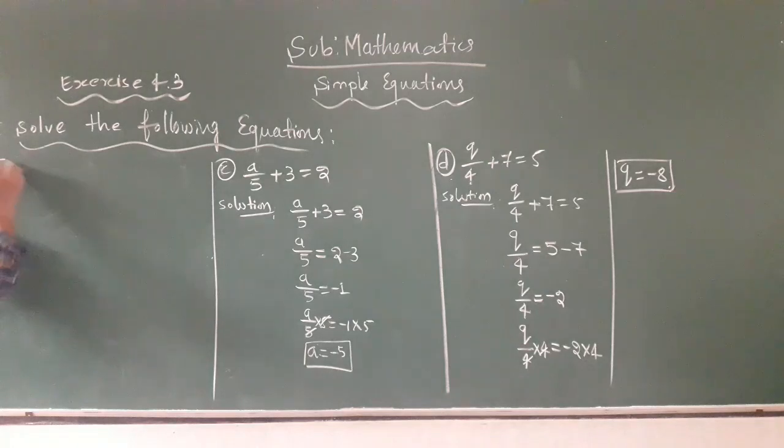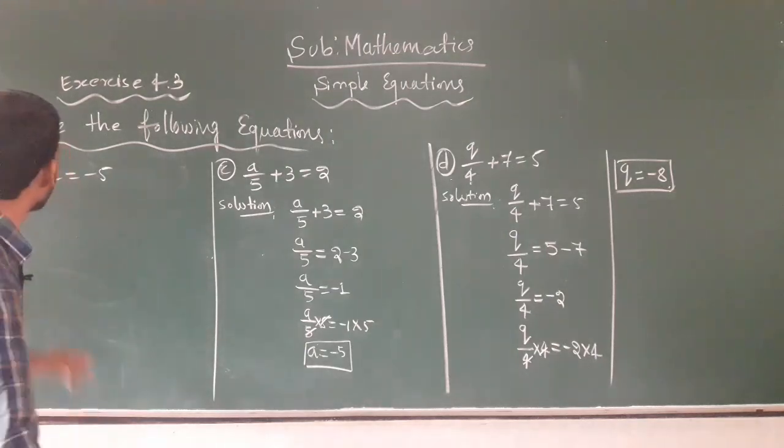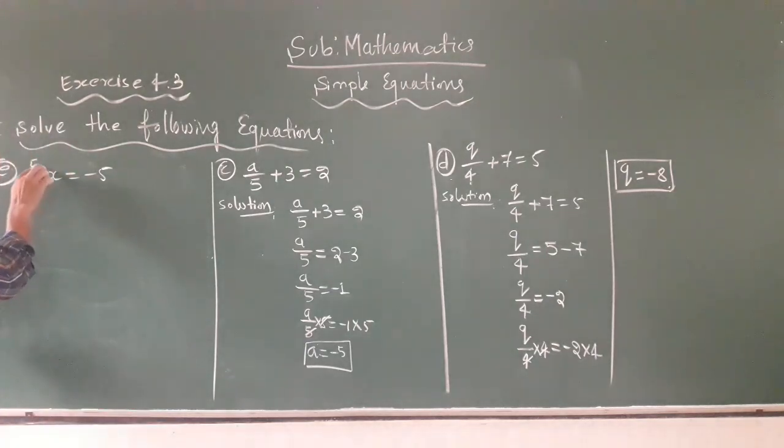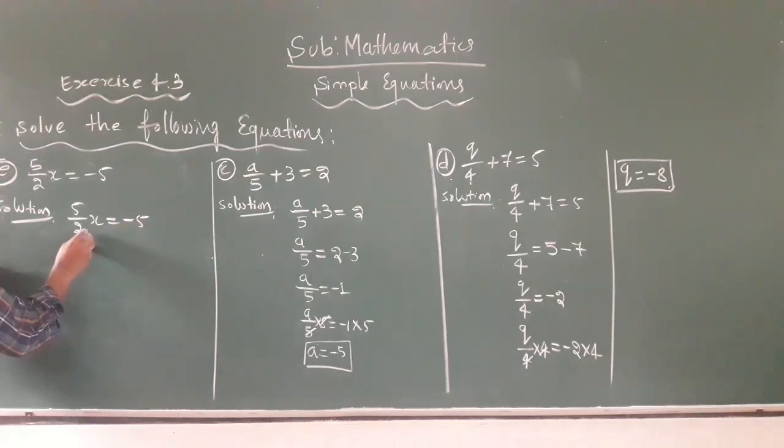See, the fifth problem, 5 by 2x is equal to minus 5. Let us see the solution. 5 by 2x is equal to minus 5. Dear student, here we have to multiply 2 on both sides.